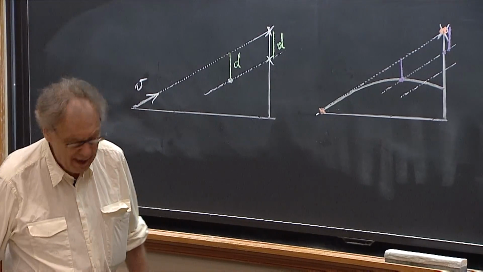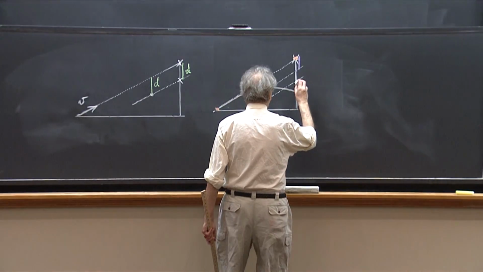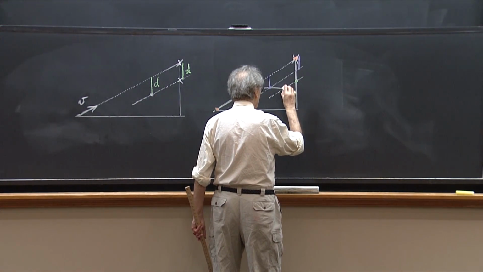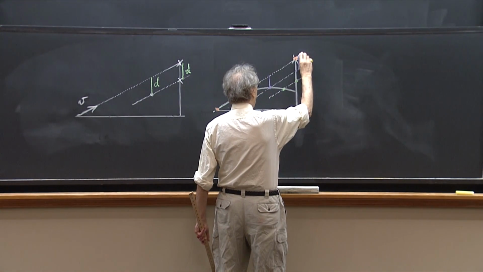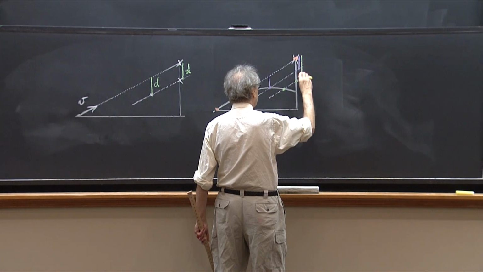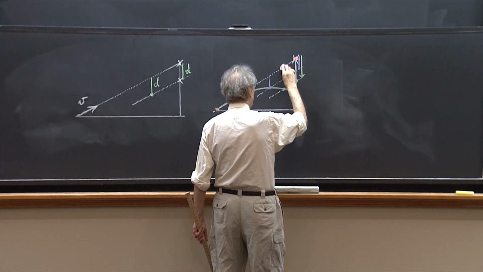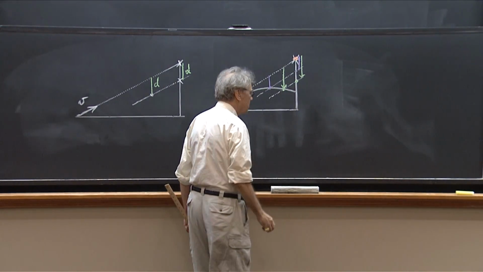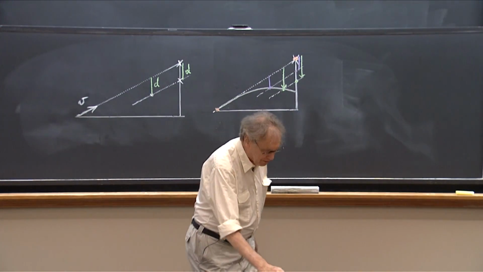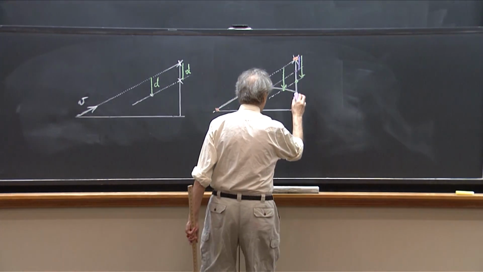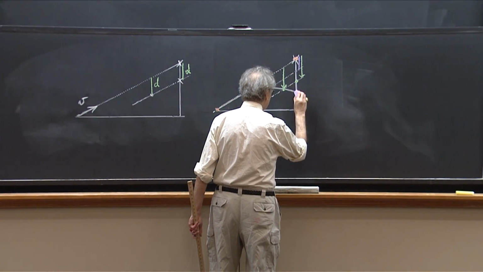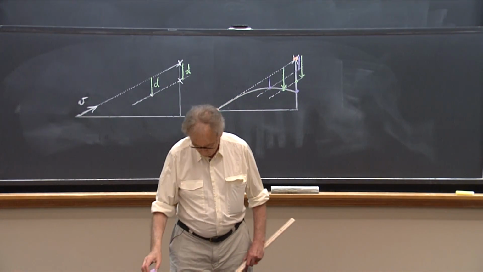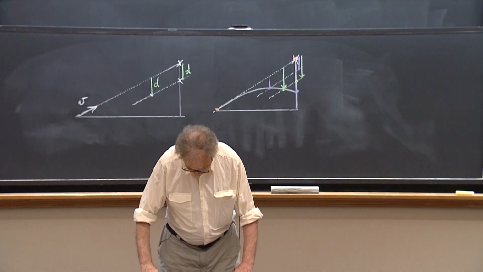A little later in time, when Robert is here, the bullet must be there. Robert has fallen this far, and the bullet has fallen exactly that same distance. And so now you see what happens: when Robert is here, the bullet is there at exactly the same time, and so Robert will get killed.